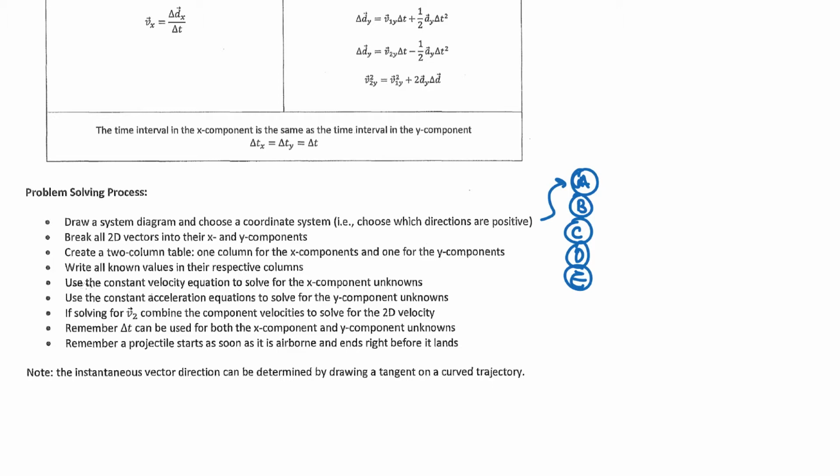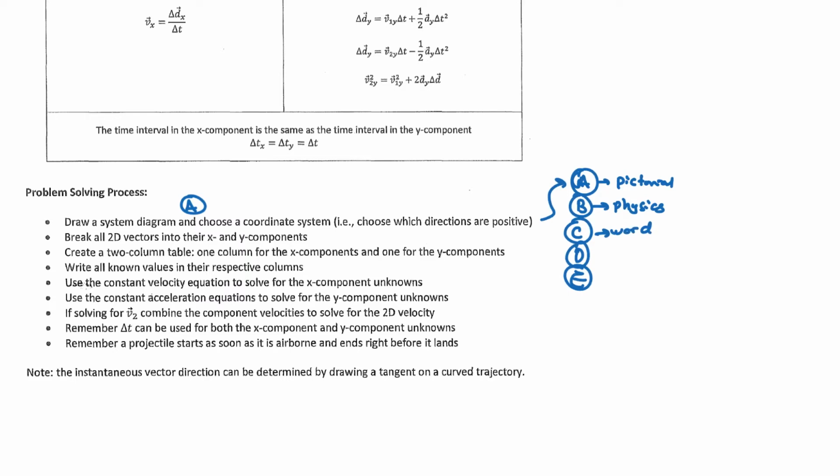So this is step A, system diagram. Do your physics diagrams as well, your physics representation. This is just pictorial. You can do your word representation and all the assumptions that you need.